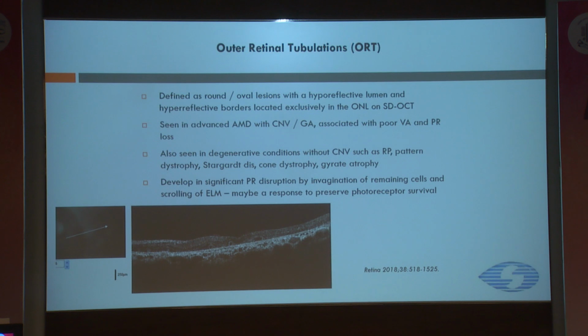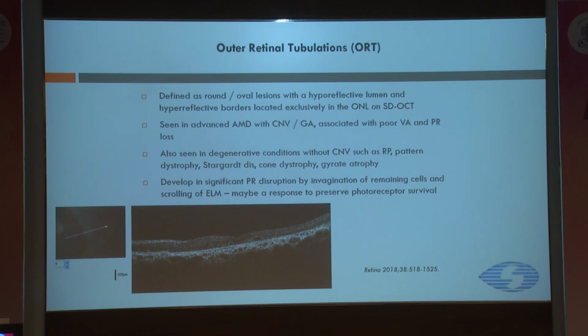I think ORT was already described, but outer retinal tubulation is something we need to be very mindful of, because it should not be misdiagnosed as CME. If we see CME, generally the tendency is to treat these patients. These are round oval lesions with a hyperreflective lumen and hyperreflective border.